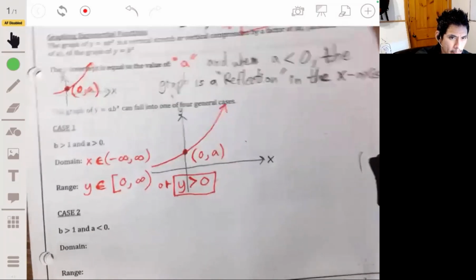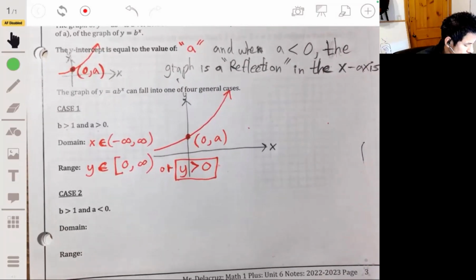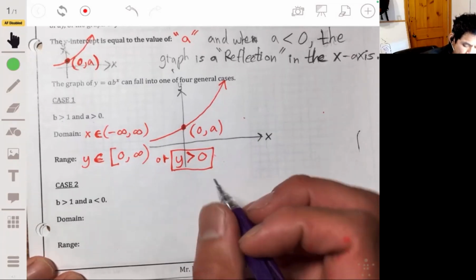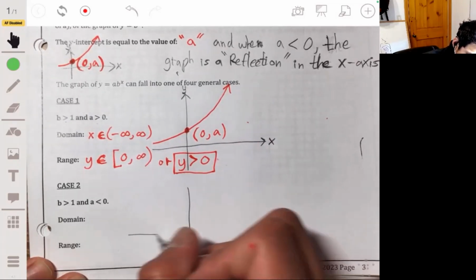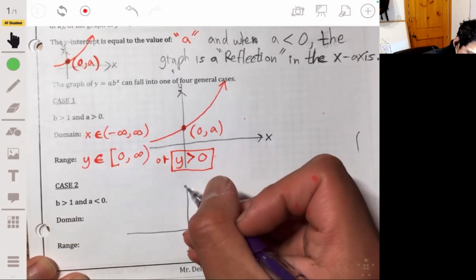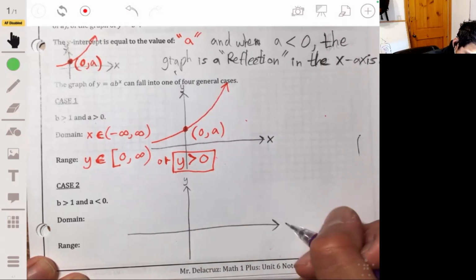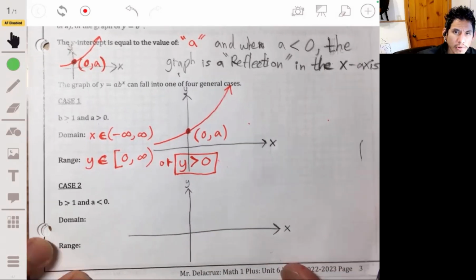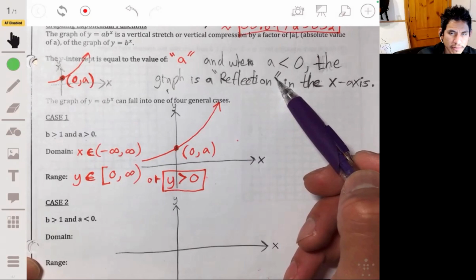Okay, let's explain the second case. In the second case, we have that the base is still more than 1, but a is negative. So what happens here? Well, this is basically what I was saying before.